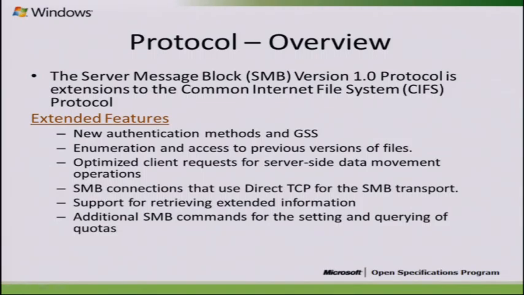It also supports optimized client requests for server-side data movement operations, for example, the command copy chunk. SMB can also use direct TCP as the transport without NetBIOS involved. And it supports retrieving extended information and setting or clearing the code information.